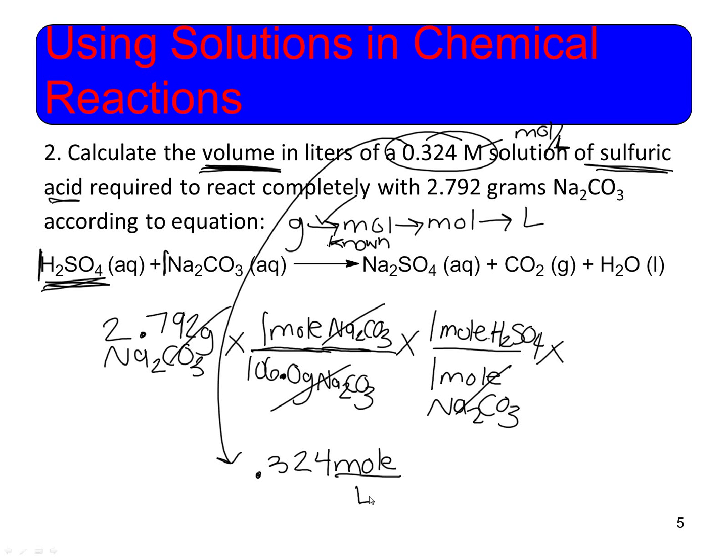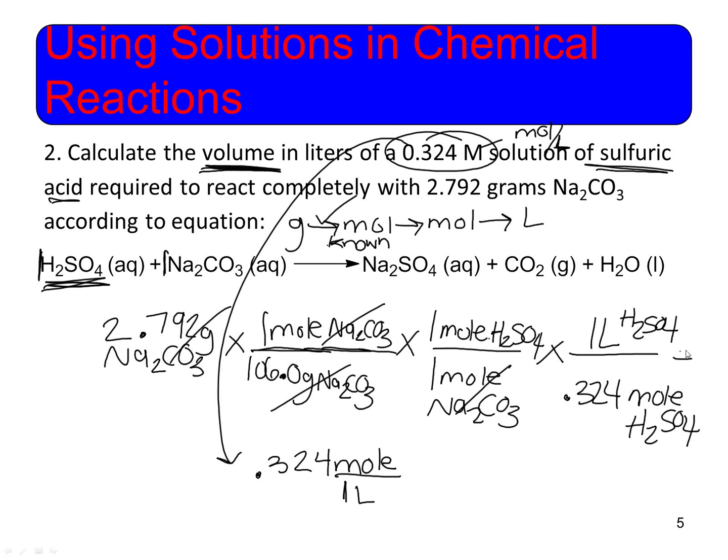So what we're going to do here is plug in. We need moles, so we have 0.324, and this is understood to be 1 liter there. We just flipped it over to insert it into our equation.